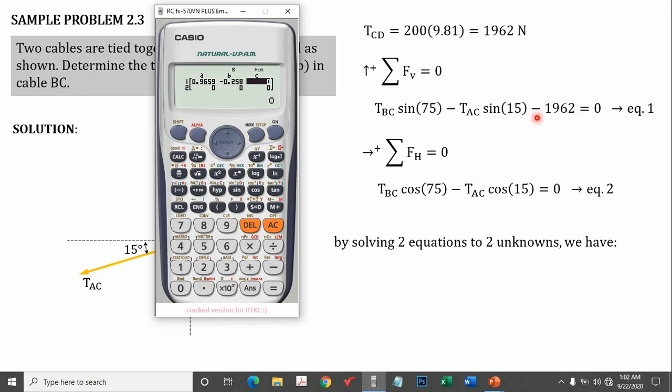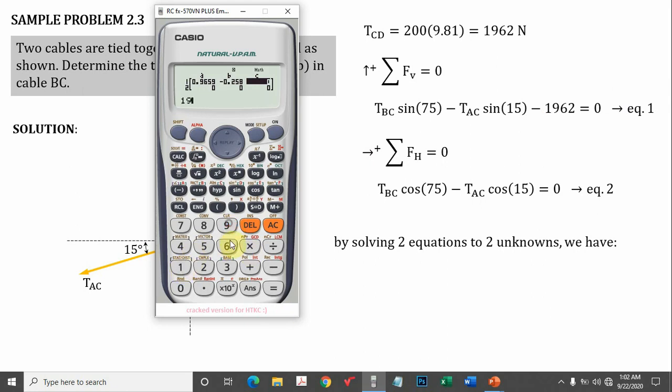Okay? And this term is constant. Kapag constant siya, transfer natin siya in the right side. Kapag na-transfer natin siya in the right side, mapa-positive yan. Okay, positive 1962, kasi na-transfer natin siya sa kabila.